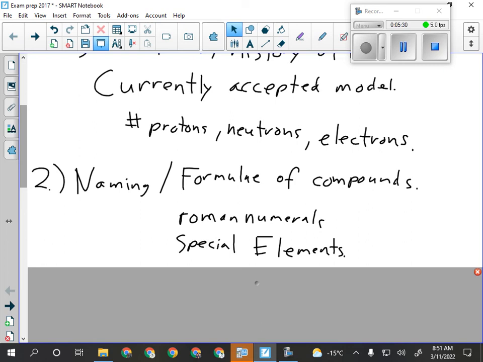Incidentally, about your periodic tables, I will let you have your periodic table for the test, but I will look at it first. Okay? If you have written a whole bunch of stuff on it, note to self, like the whole thing is covered in your chicken scratch, I'll just give you a fresh one. Okay? So you can have yours.